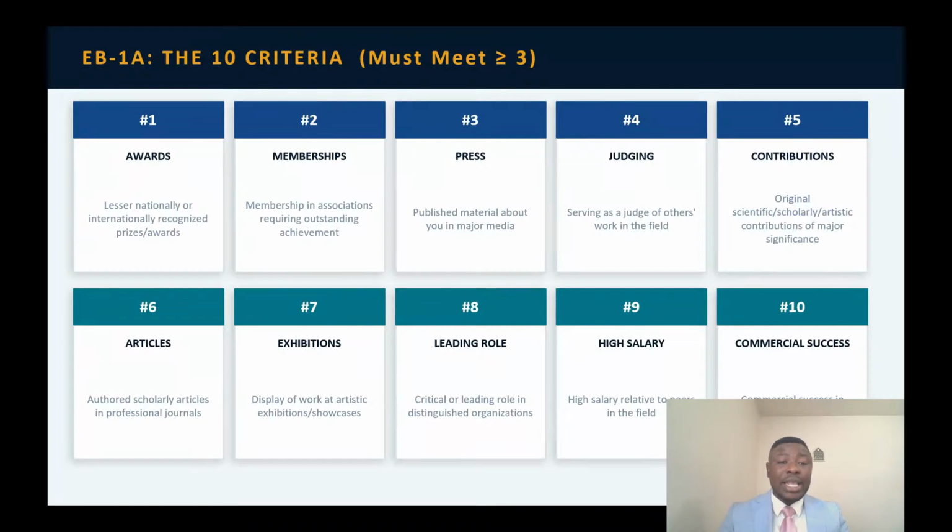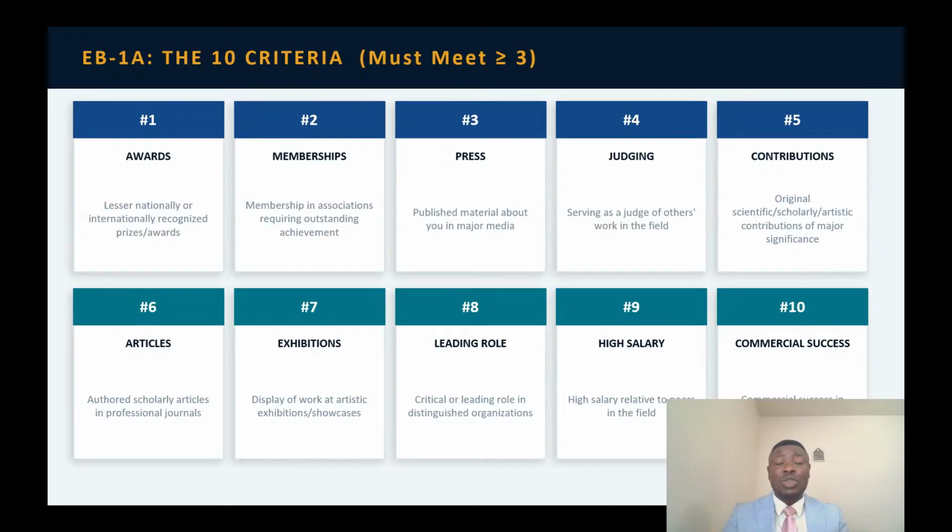The second one is memberships. Membership in associations requiring outstanding achievement of their members. So if you belong to an association that requires outstanding achievement, there are some associations that you just need to pay to become a member.